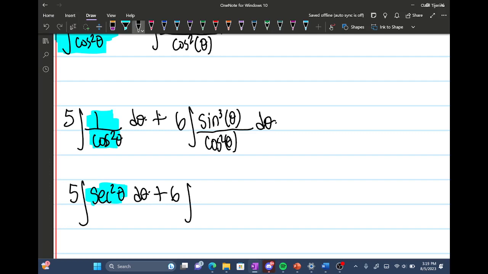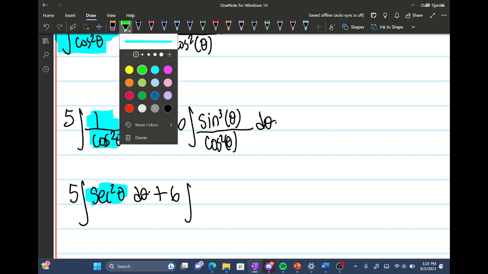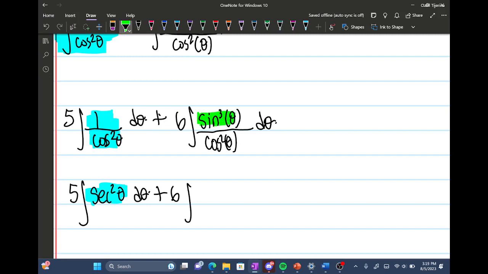We're going to split this up into sine squared theta times sine theta over cosine squared theta.